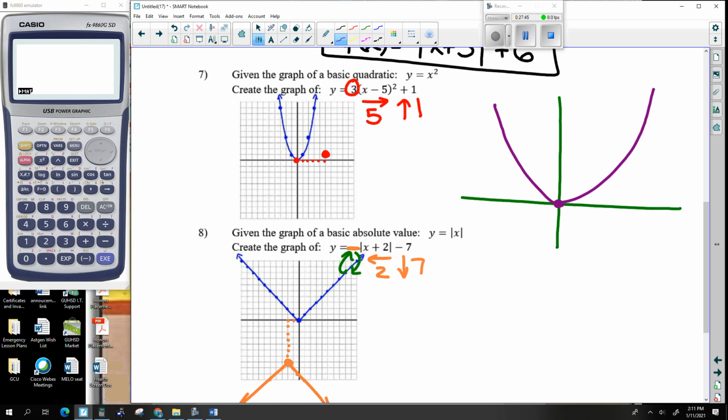And so if you like the way that I kind of did it, where you go out ones, okay, so if you go out 1, you go up 1, out 1, you go up 3, you go out 1, you go up 5, okay. Again, you get the same ideas, but again, you have to multiply these things by that outside number, which is 3. So you would go up 3, up 9, up 15.